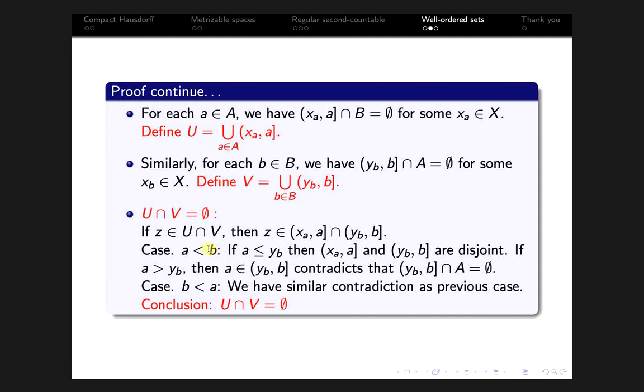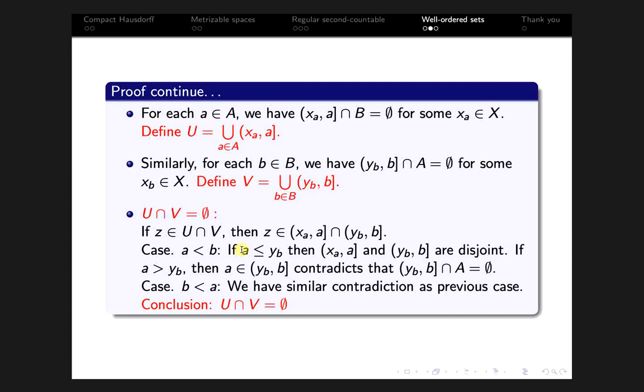In this case we assume that a is strictly less than b. Now if a' is less than or equal to Y(b), then they are disjoint, because this basic open set lies on the right hand side of this basic open set.